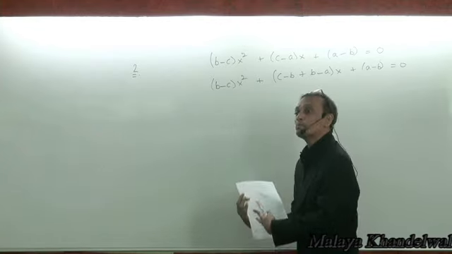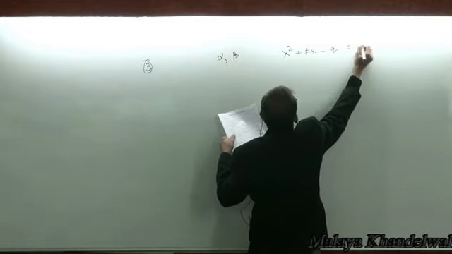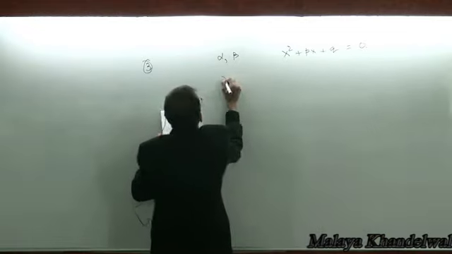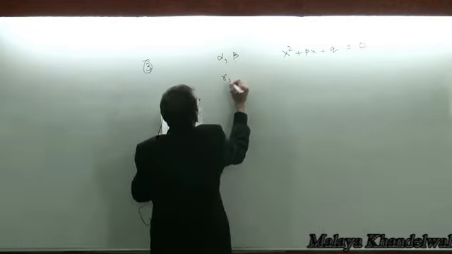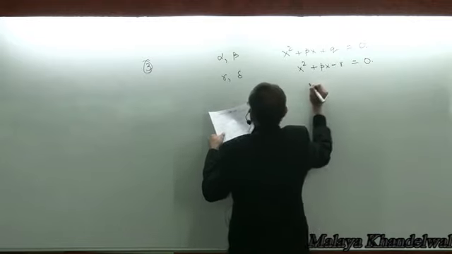Problem 3. Alpha, beta are the roots of x squared plus px plus q equal to 0. And gamma, delta are the roots of x squared plus px minus r equal to 0.